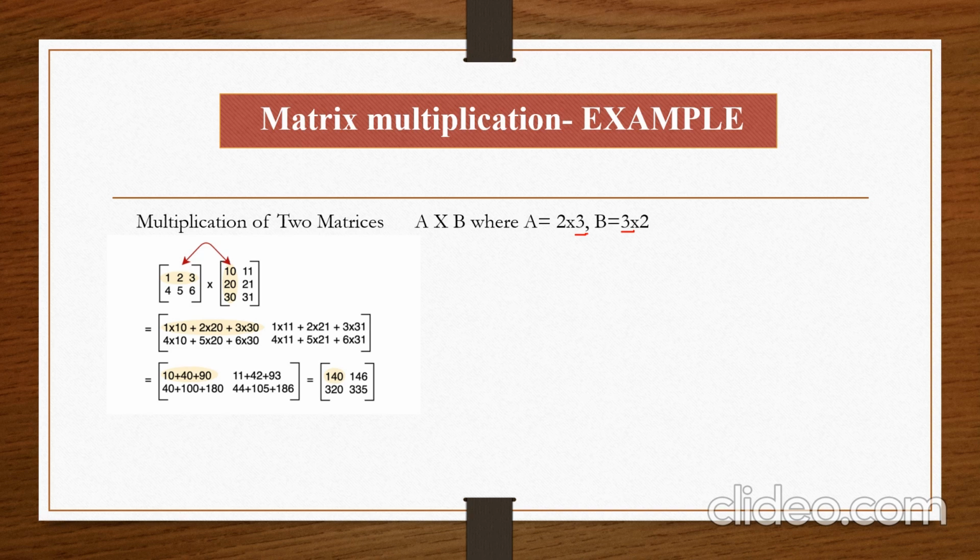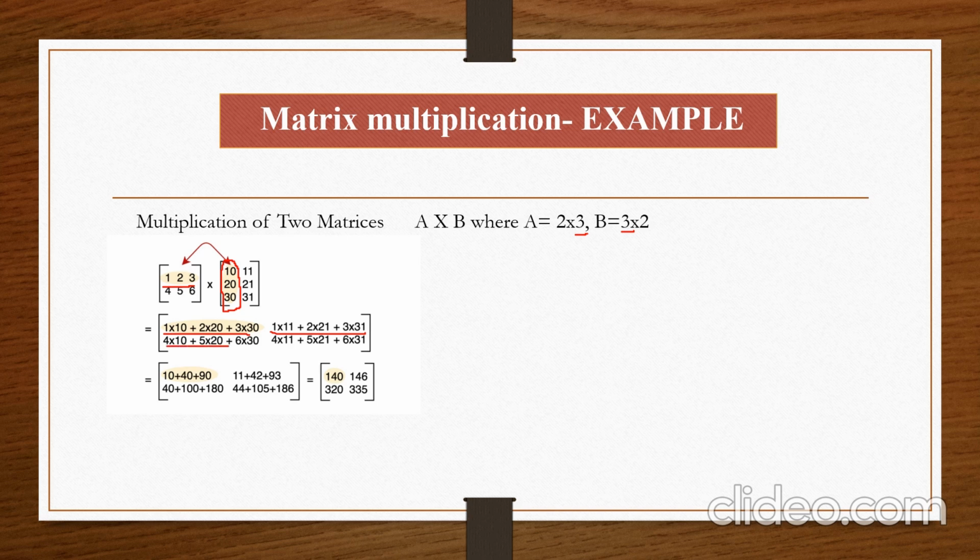So assume the multiplication. The first row of the first matrix is multiplied with the first column of the second matrix, and we get this result. Similarly, the first row of the first matrix is multiplied with the second column of the second matrix, and we get this.